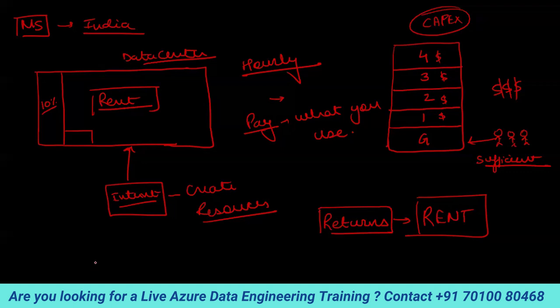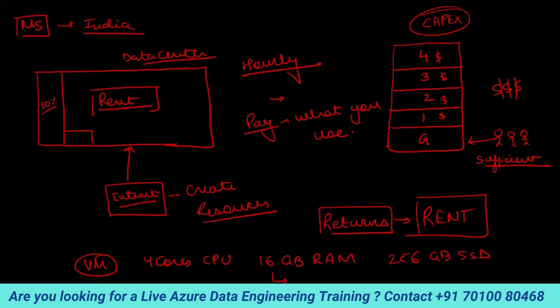For example, I'll tell you a virtual machine with a 4-core CPU, 16 GB RAM, and 256 GB SSD storage. Can you guess what would be the rent for this machine?